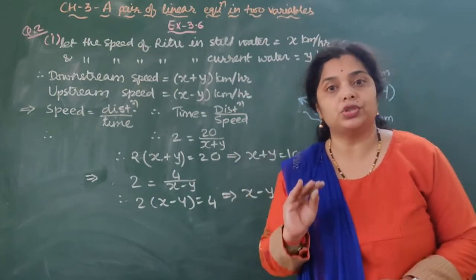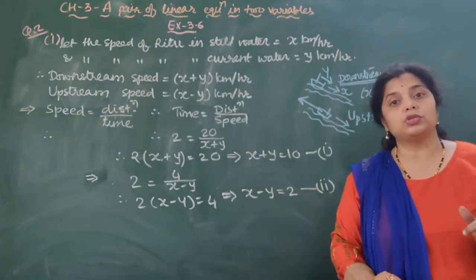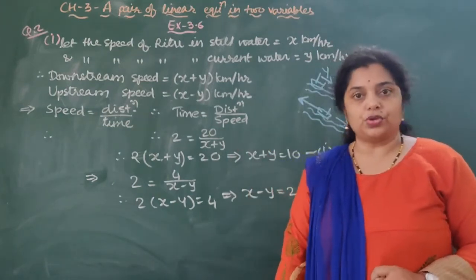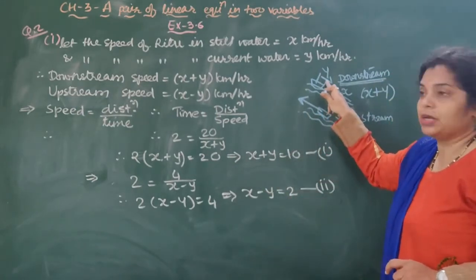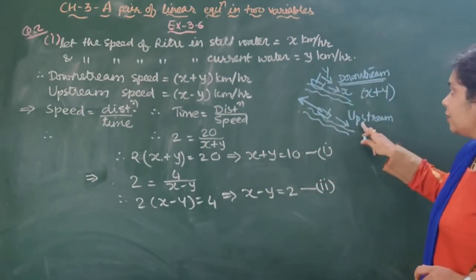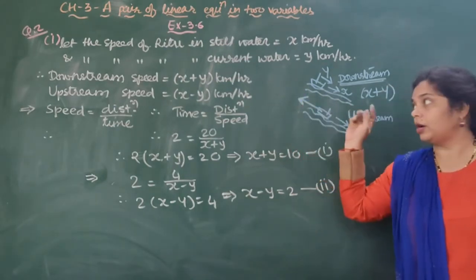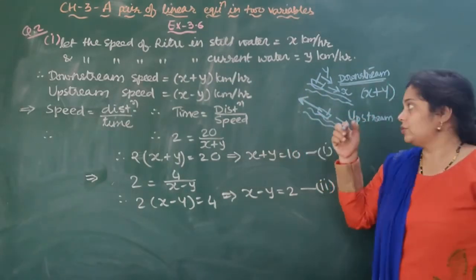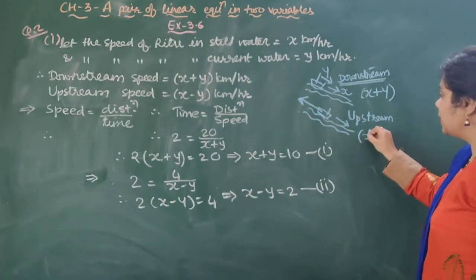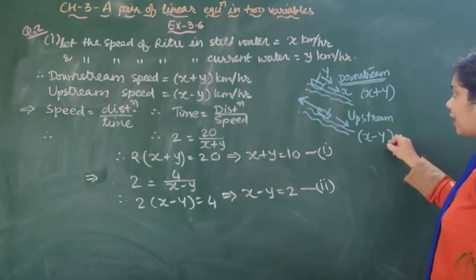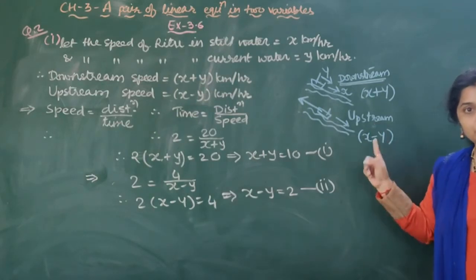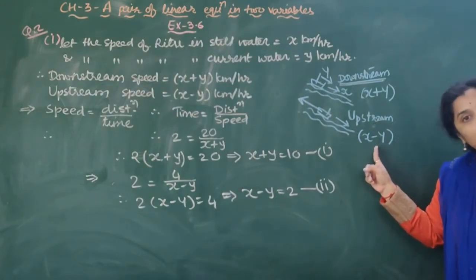This type of question is very important and mostly asked as a 3 marks question. So downstream means x plus y, and upstream means both are in opposite directions, so the speed is x minus y.